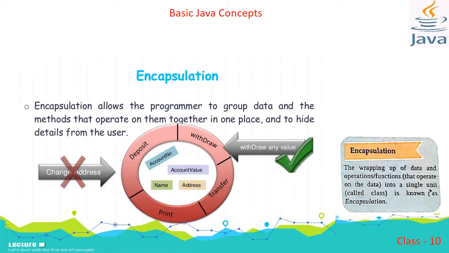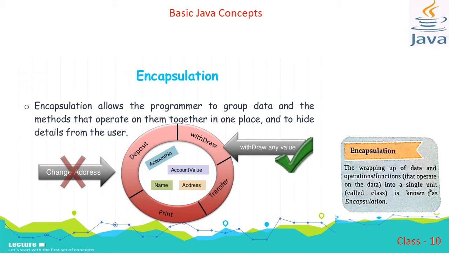Encapsulation allows the programmer to group the data and the methods that operate on them together in one place, and to hide the details from the user. As in my earlier example of abstraction, in a TV they have designed an electronic PCB on which they have assembled certain components, and these components they have covered with a black plastic kit.